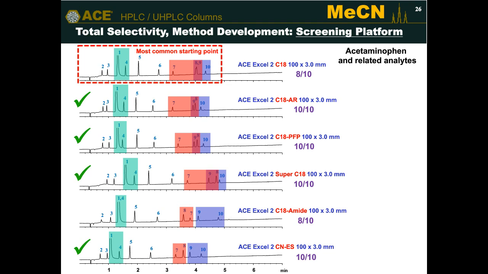Now, of course, it doesn't always work like this. Oftentimes we do our screens and we do get options for method development, but sometimes you have complex chromatography or peaks that just don't appear to want to separate, even with different chemistries and solvents, and further work is needed.